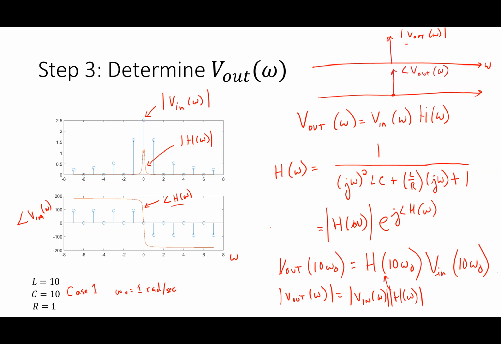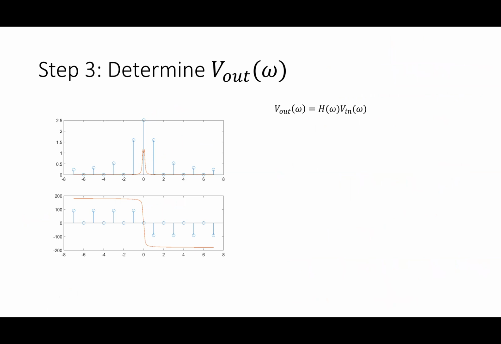All right. Physically, that's because of what the capacitor and the inductor are doing, right? So if I want to figure out V out of omega specifically, let's just think about the magnitudes, because that's a lot easier to think about. The magnitude of V out of omega is equal to the magnitude of H of omega times the magnitude of V in of omega.